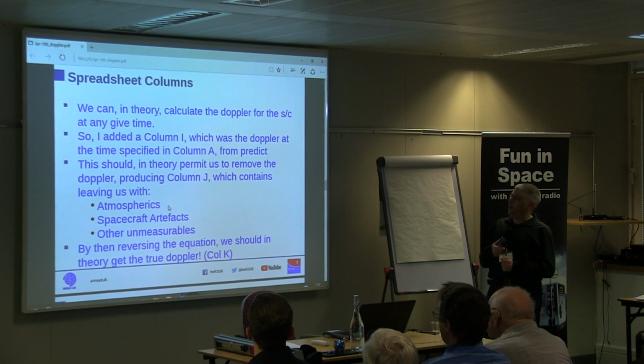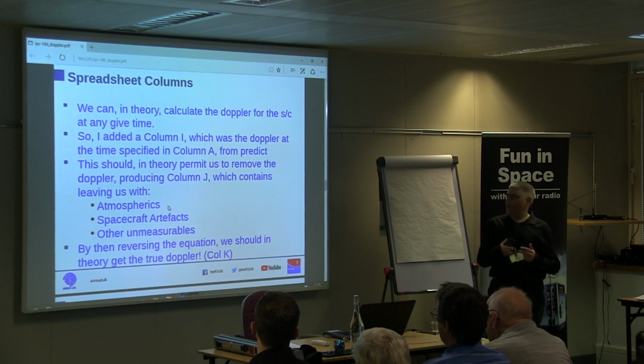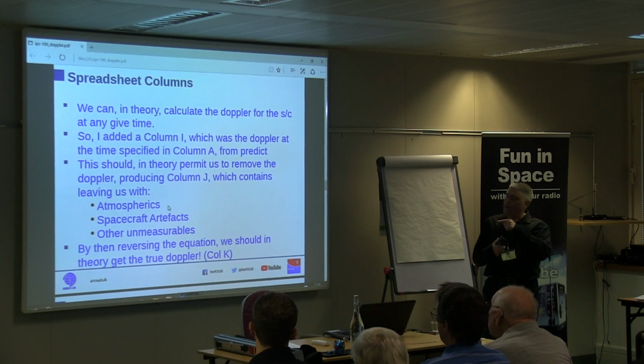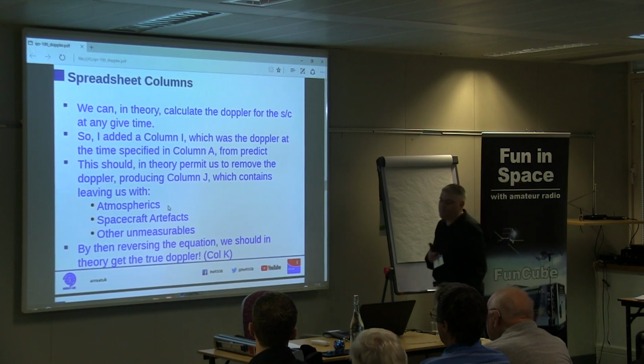Column J will then contain only atmospherics, spacecraft artifacts, and other unmeasurables. Now, by reversing the equation, at least in theory, we should get the true Doppler, because we now take column H and remove column J from it. It should give us the true Doppler, without any of the other artifacts that I mentioned.